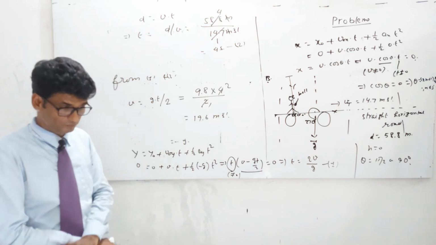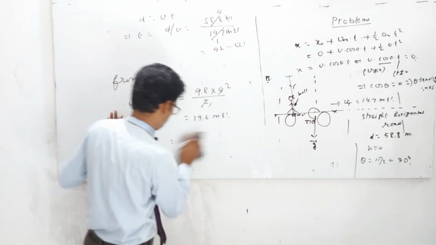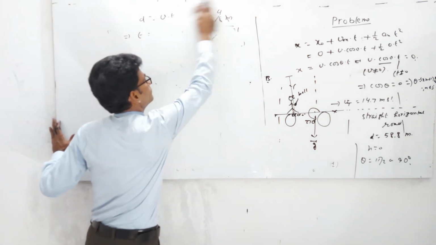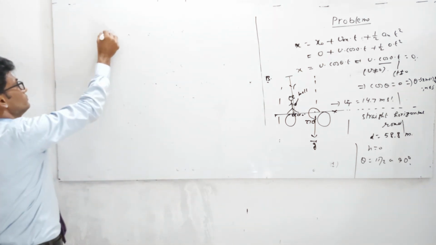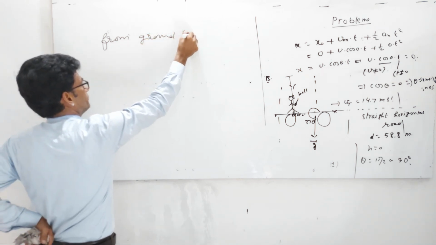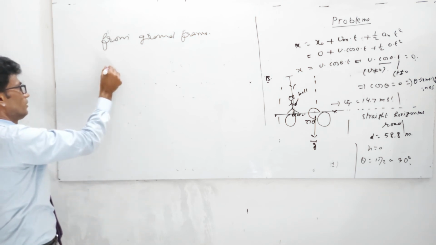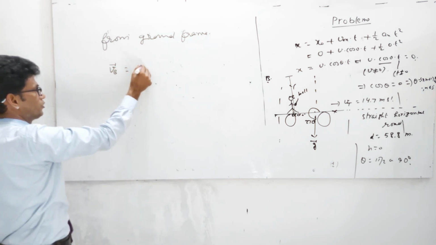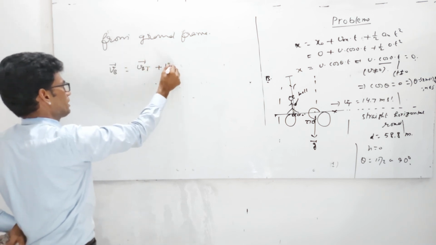Now we have to work from the ground frame. Velocity of ball from the ground frame is velocity of ball with respect to truck plus velocity of truck with respect to ground.